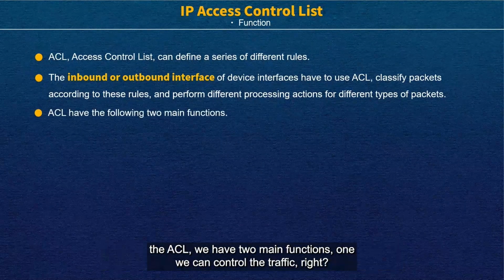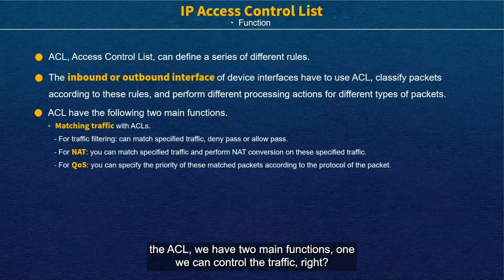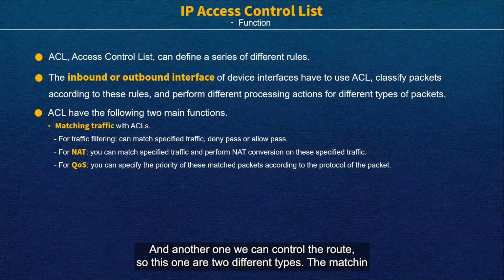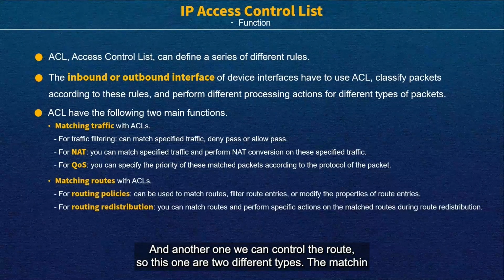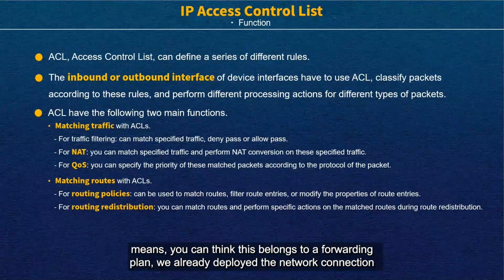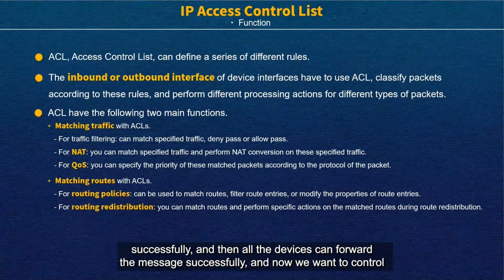And about the ACL, we have two main functions. One, we can control the traffic. And another one, we can control the routes. So these belong to different types. The traffic belongs to the forwarding plane. We have already deployed the network connection successfully, and all the devices can forward messages successfully.